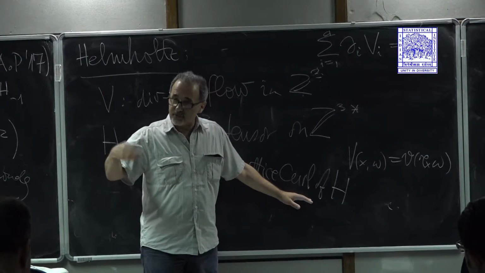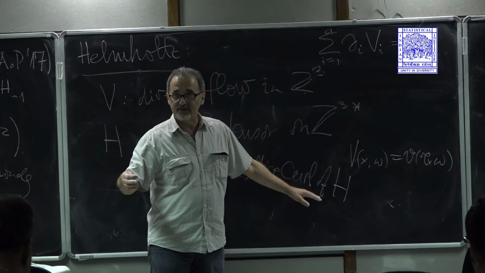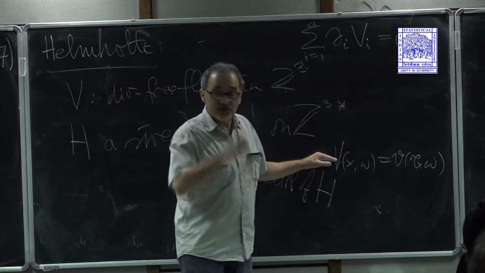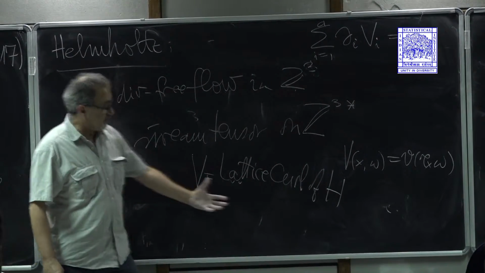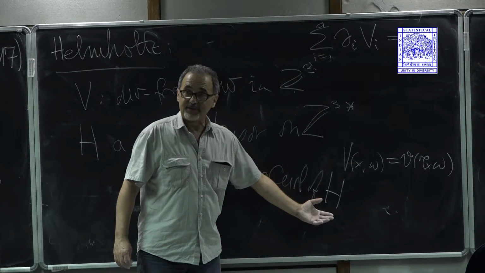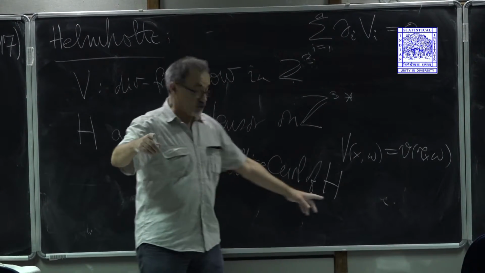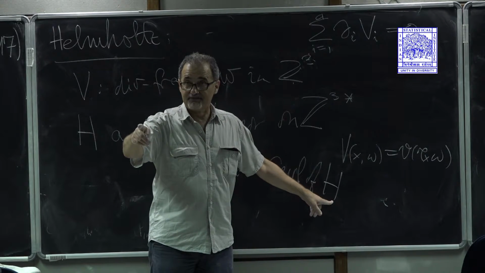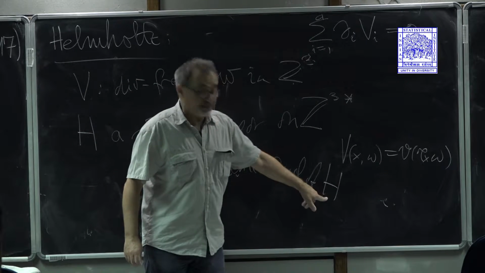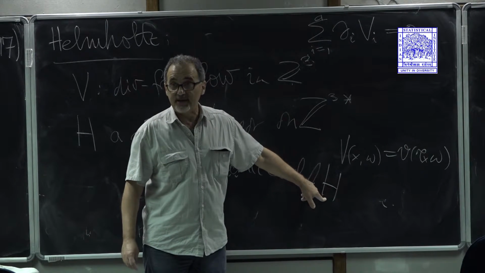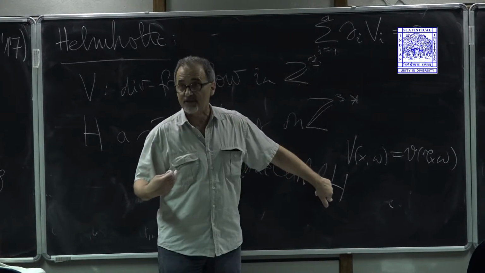The curl is a derivative, so this will be a sort of lattice derivative. Now this V is stationary, and it's a derivative of a random field, so H is by force random. And as you said, it's not unique, but I choose the Coulomb gauge. Then H will not necessarily be stationary; it will have stationary increments because its derivative is stationary.